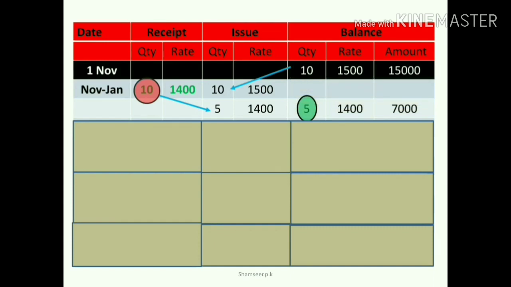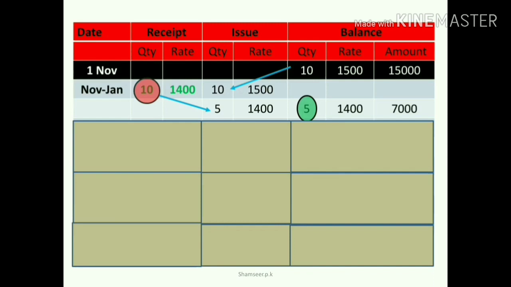Once again, for issuing, first we take the opening inventory, 10 into 1500. Then we take 5 out of the recent purchase. So our balance will be 5 units at the rate of 1400. Okay, this is the FIFO method. Out of the latest purchase we issued 5, and the rest, 5, we have.